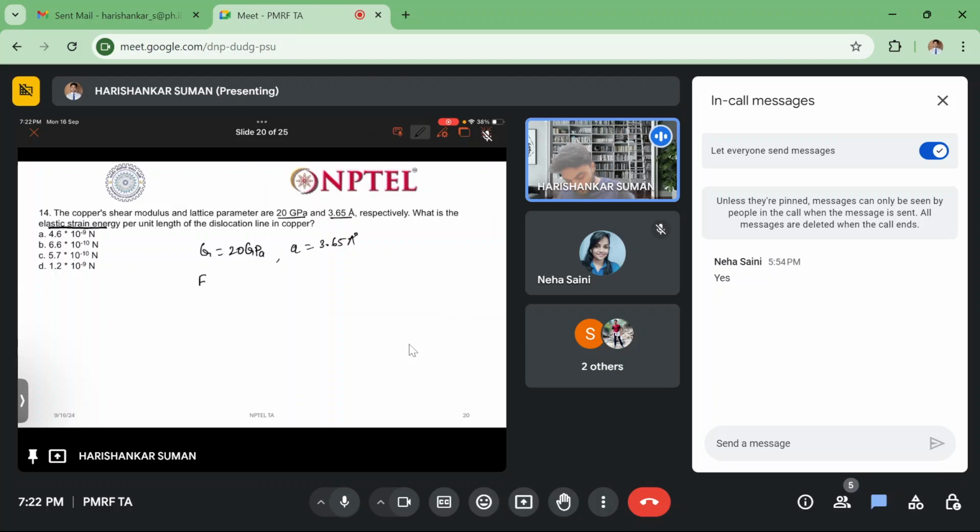You have to find E. Apply this formula. Please calculate the numbers for elastic energy. You can take 10 minutes for this question.